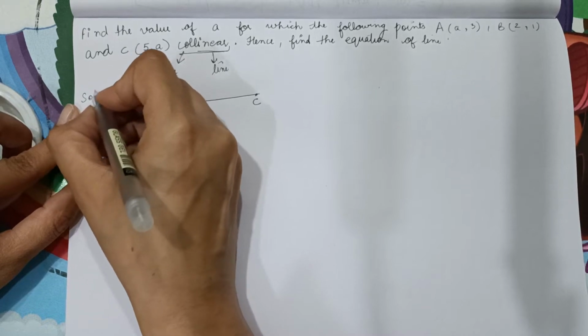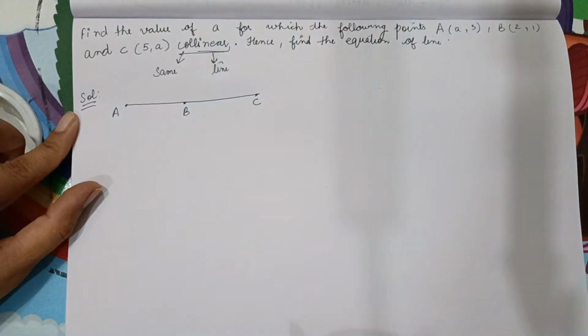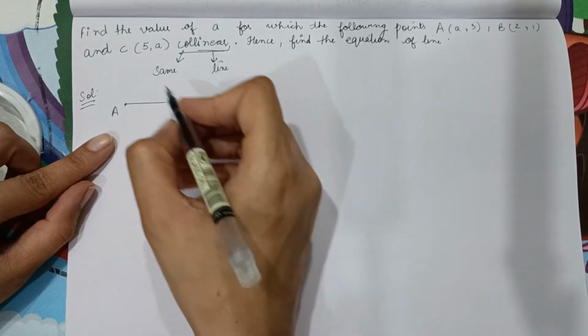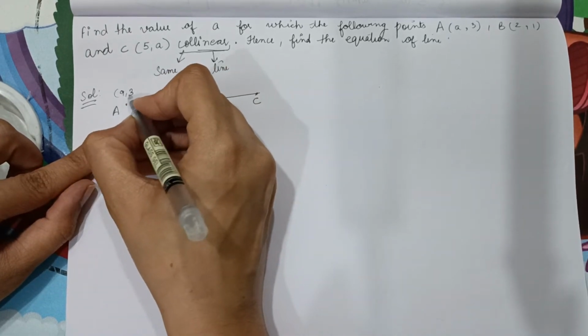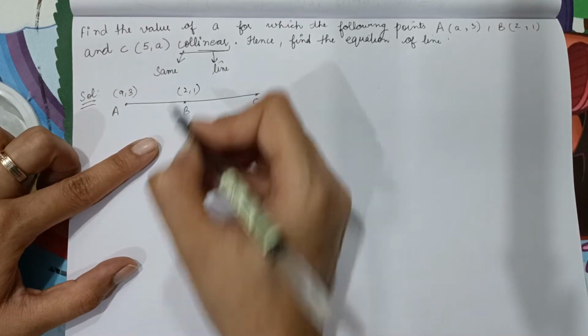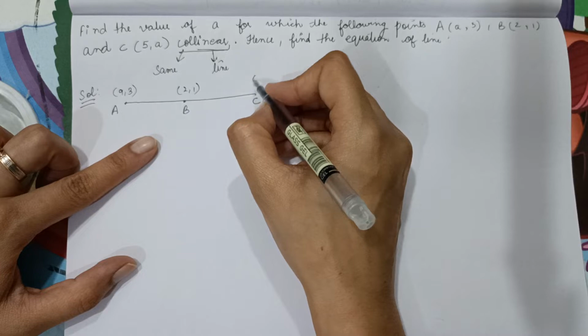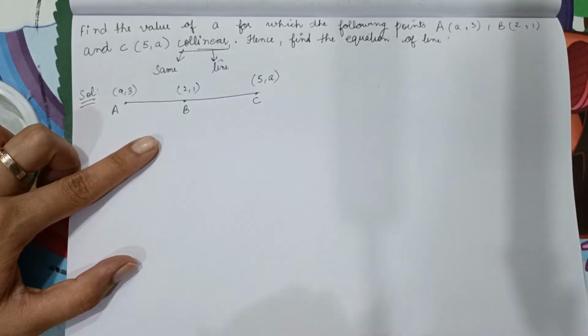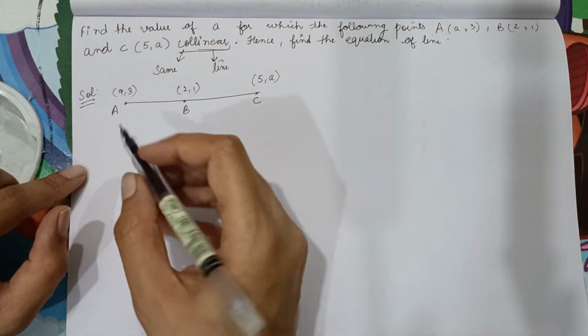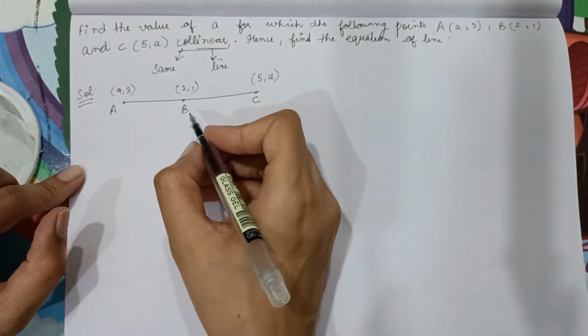The values are given to us, so I'll write the coordinates. Coordinates of A are a, 3; coordinates of B are 2, 1; and coordinates of C are 5, a. If the points are lying on the same line, that means their slopes are equal.